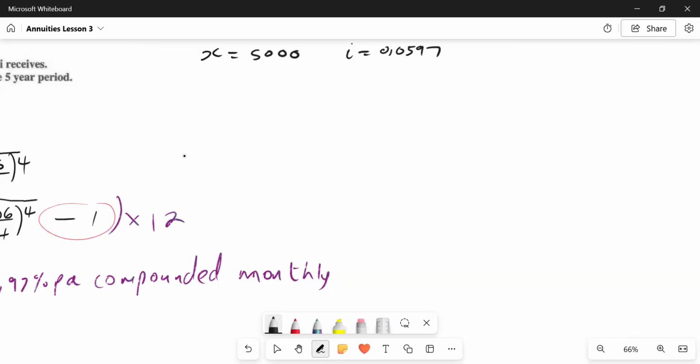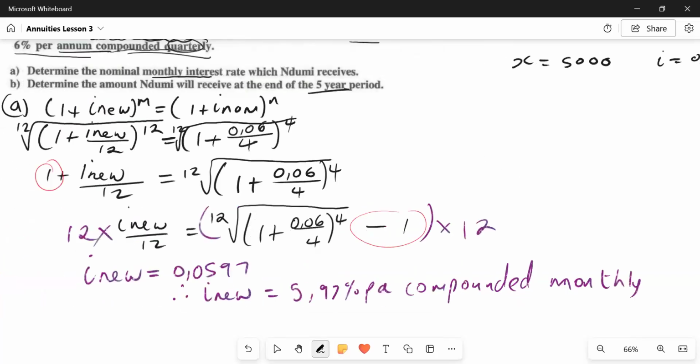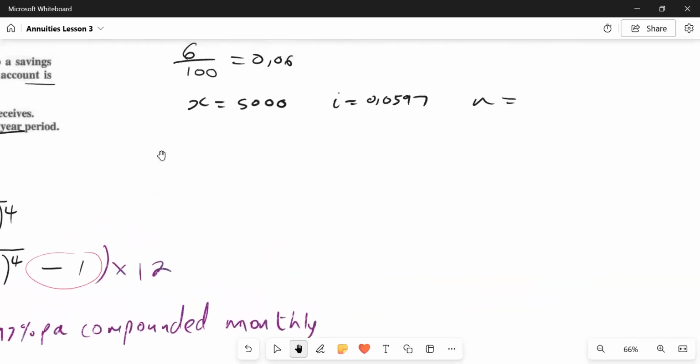And then what else do we need? n, number of payments. Number of payments, let's see, it's a 5-year period, right? It's not a problem.